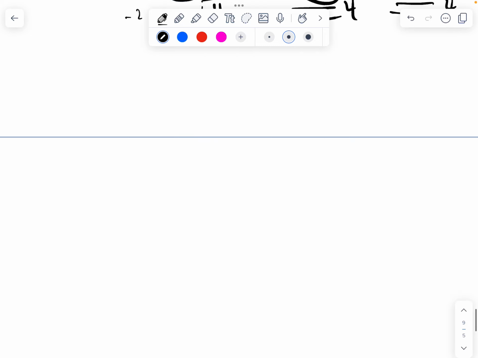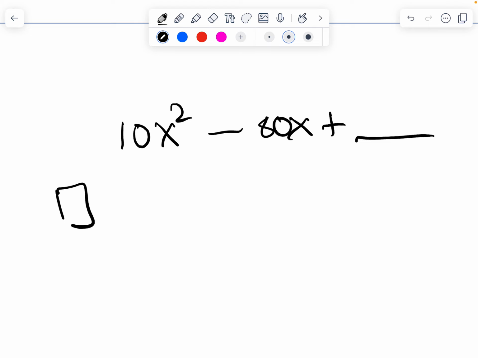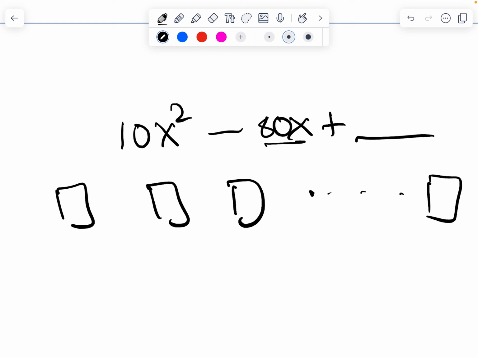Okay, here's one for you to try with a negative. Let's do 10x squared minus 80x plus blank. Okay, I gave you some hard numbers on this one, didn't I? I've got 10 squares. 80 x's, I'm dividing them up between my 10 squares.